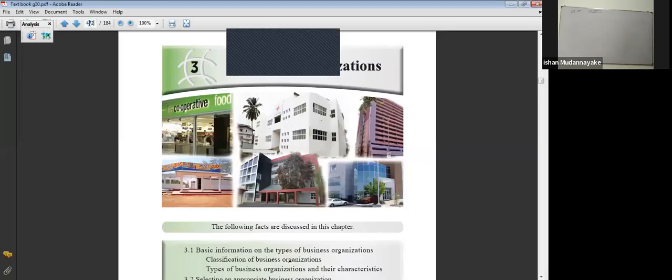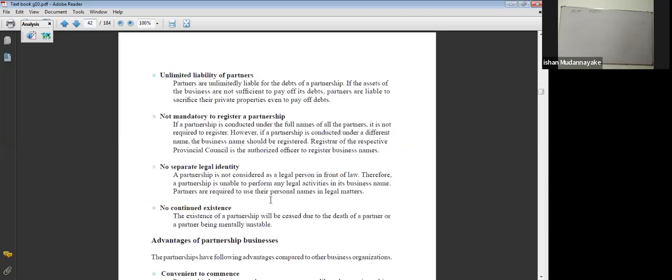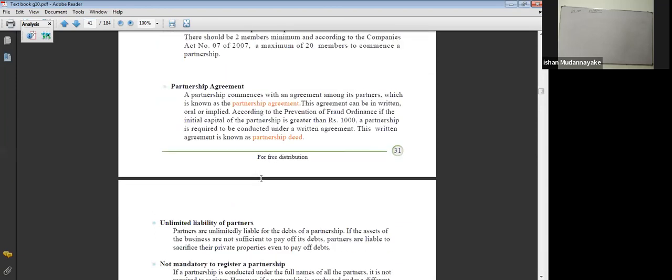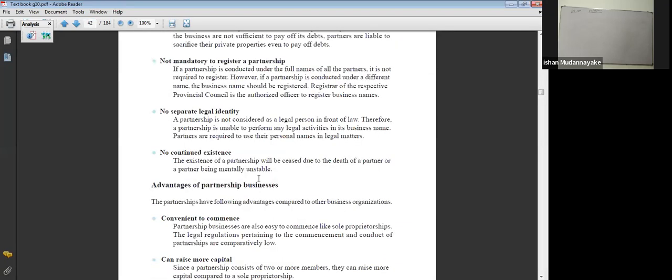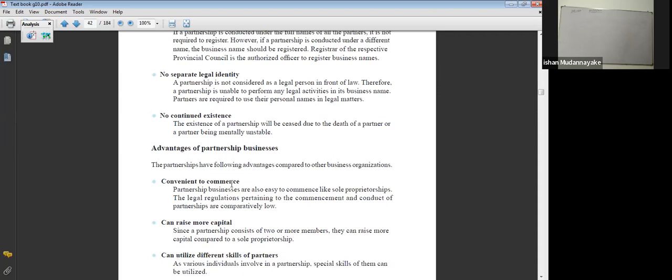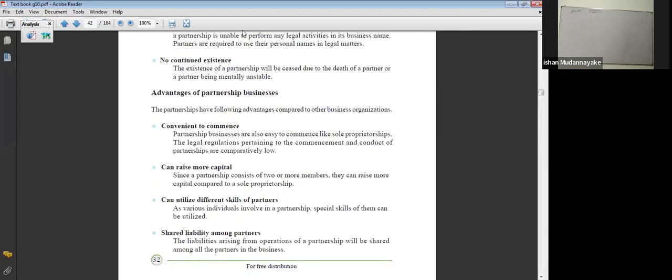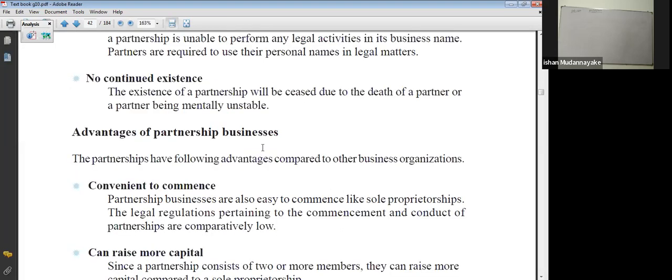These are the advantages we discussed last day. Here, convenience to start.